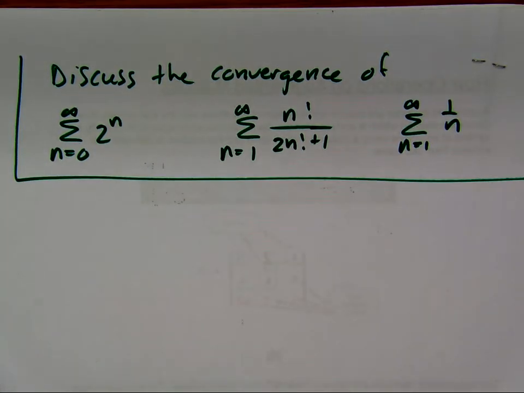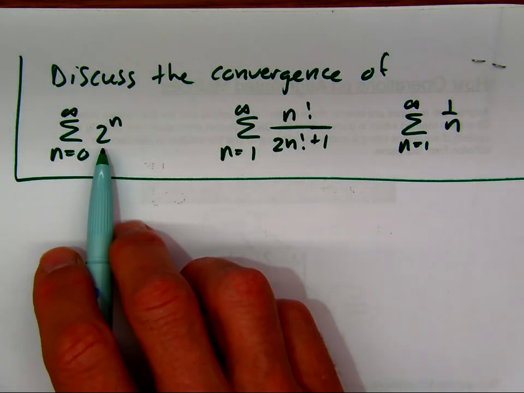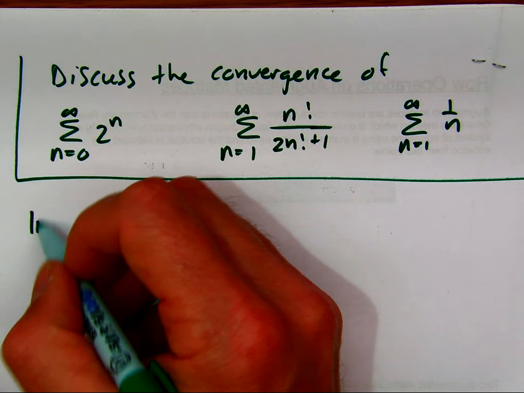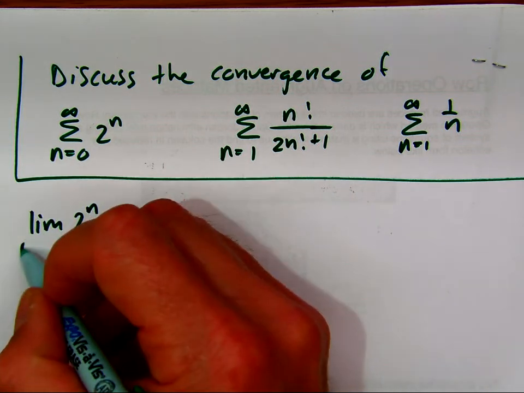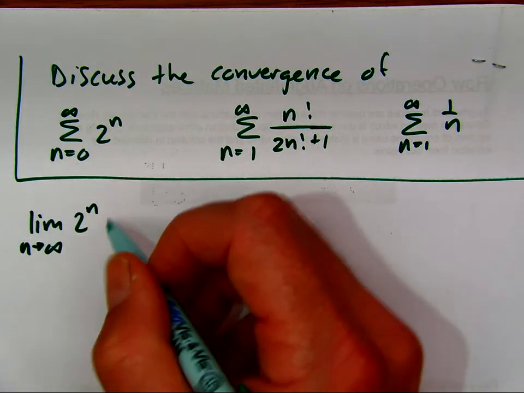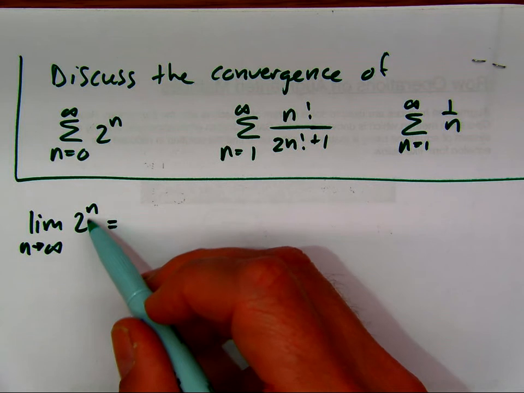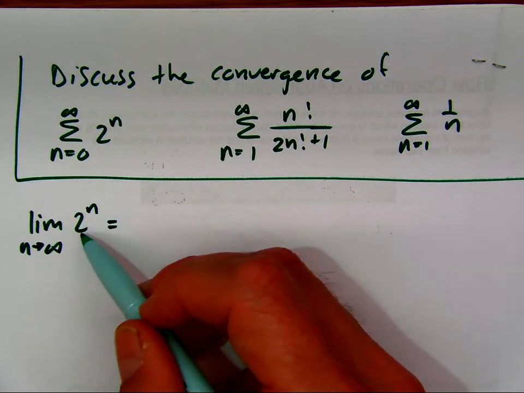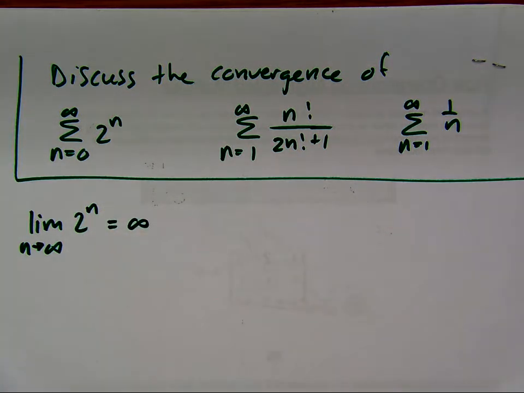All right, so we have that one test we can use, and now all we have to do is look at the sequence. What's happening to the sequence? What's the limit of 2 to the n as n goes to infinity? Well, as this number gets large, the limit is infinity.